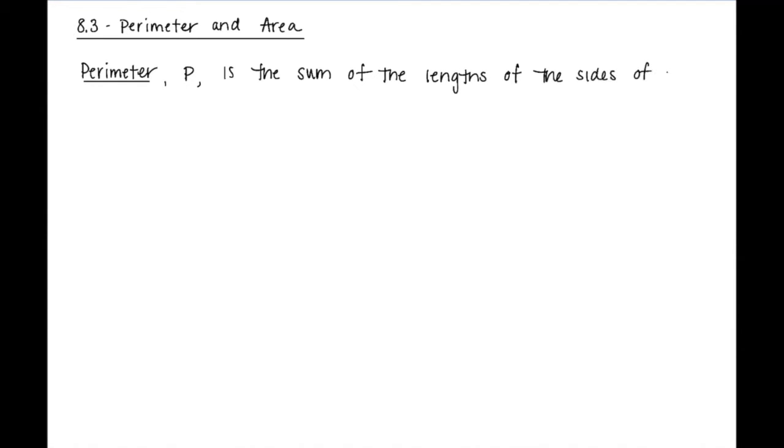And so the perimeter, which is typically denoted with a P, is the sum of the lengths of the sides of a figure. So basically, if you walk around your house, add up all that distance you walk, that's your perimeter.